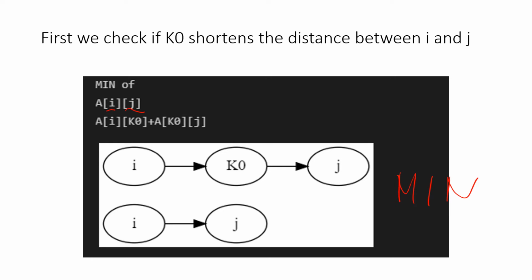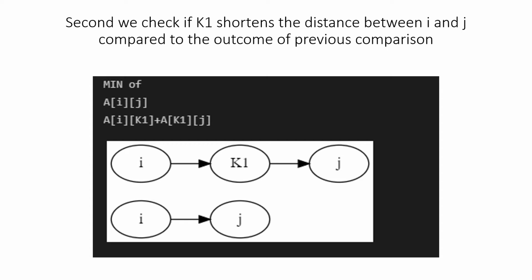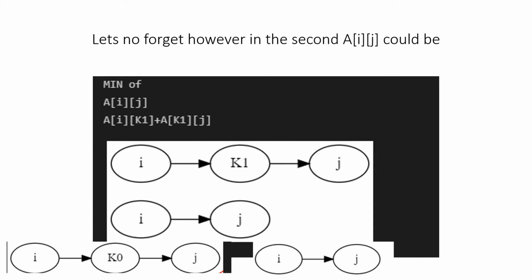Then in the second step, let's say we now consider K1 as this middleman for every node I and j. Then we check again if K1 could be considered as the middleman. But there are a couple of caveats. We cannot forget, however, that when we now consider K1 to be this middleman, in the previous loop we had already considered K0 to be the middleman.